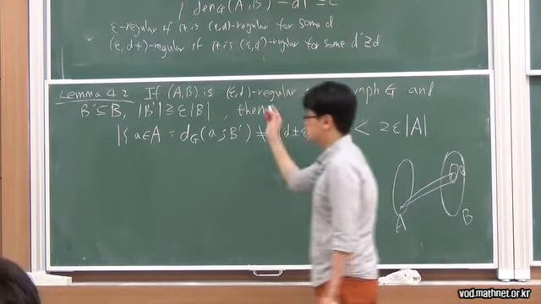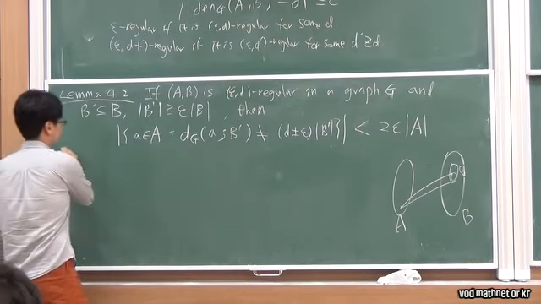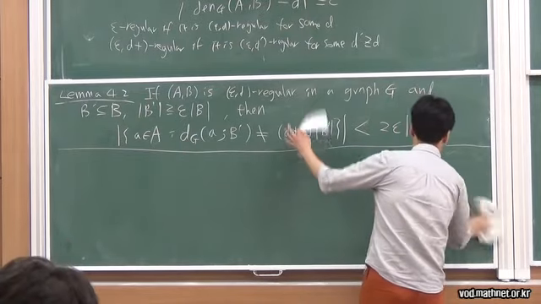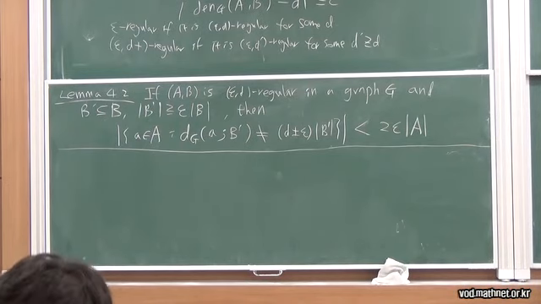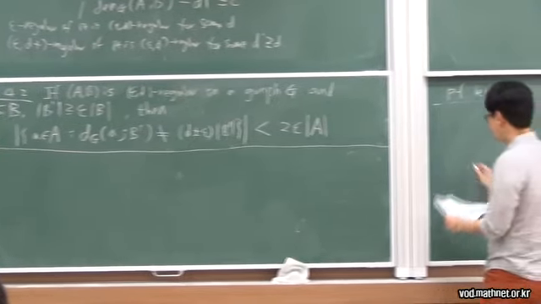So let's prove this Lemma 4.2. Maybe we can keep some lemmas here and the proof here. The proof of Lemma 4.2 comes from the definition of epsilon regularity.